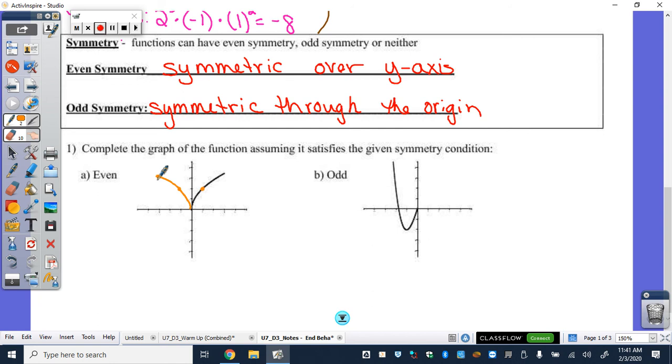So then for our odd, we got this point here at negative 1, negative 2. That means for odd symmetry, we would have one at positive 1, positive 2. Change your sign values. This one looks like it hits at negative 2, positive 2. Does it? That'd be positive 2, negative 2. Then you can draw the other half of your odd symmetry.